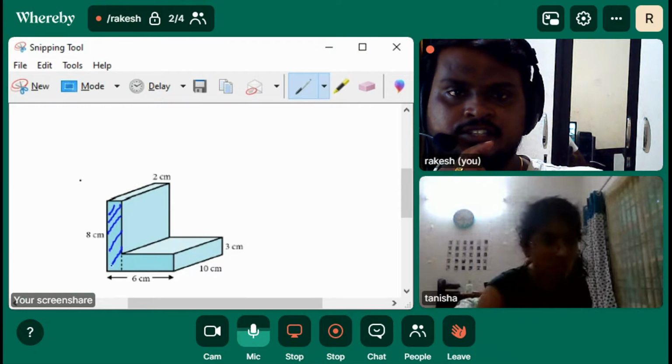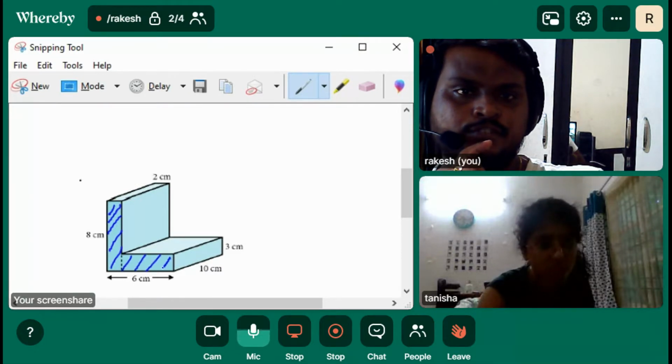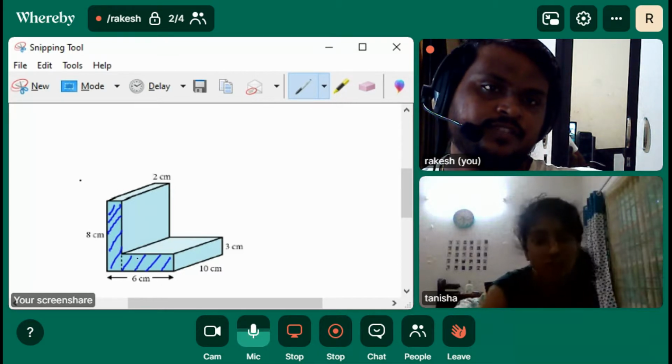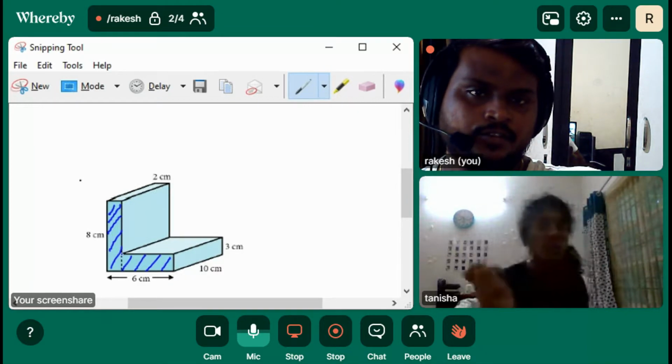Like this face is repeated, isn't it? Which is on the backside, right? So what is the area of this face?